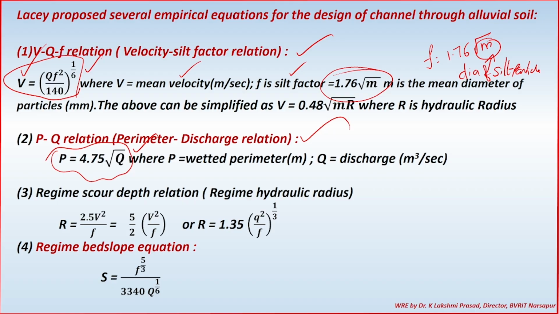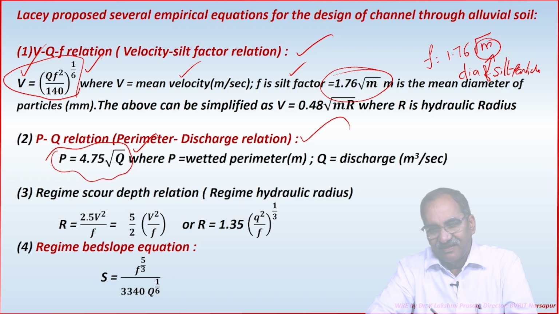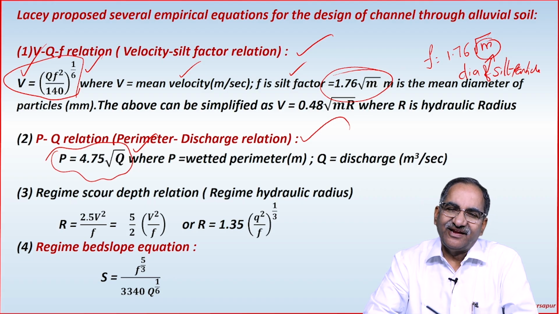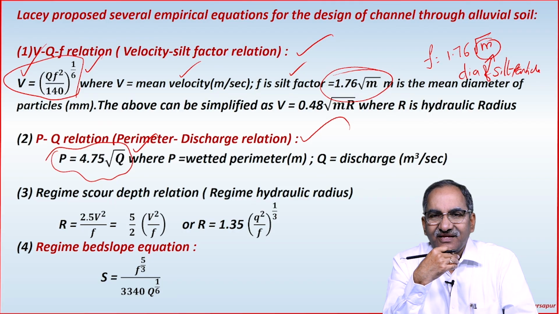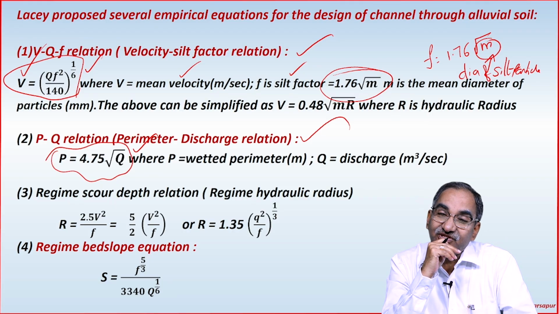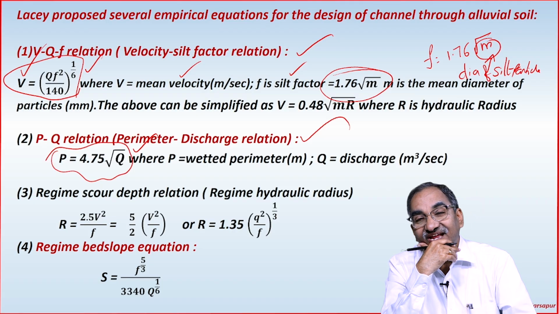Knowing these two, he has found out the equation for regime hydraulic radius. Rather than regime hydraulic radius, this is more popular as regime's scour depth. The regime's scour depth principle is used mainly in the design of diversion headworks such as weirs and barrages.